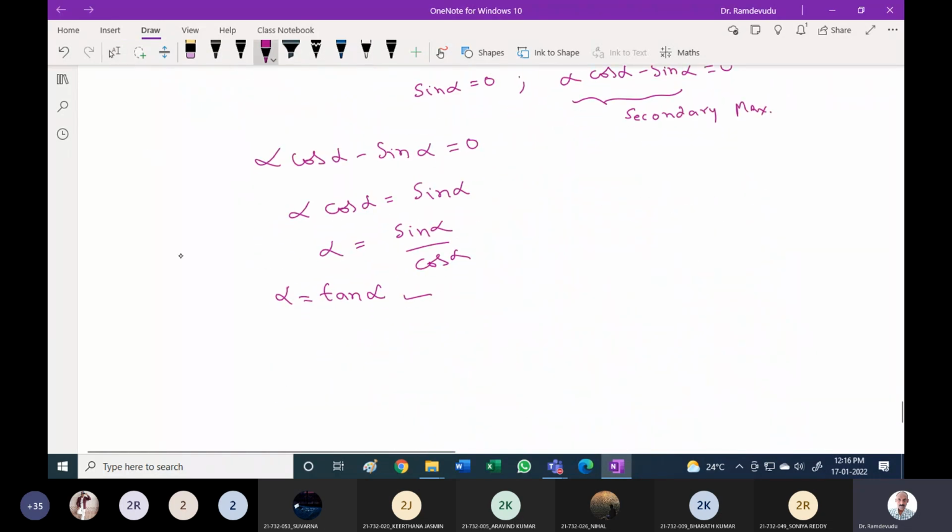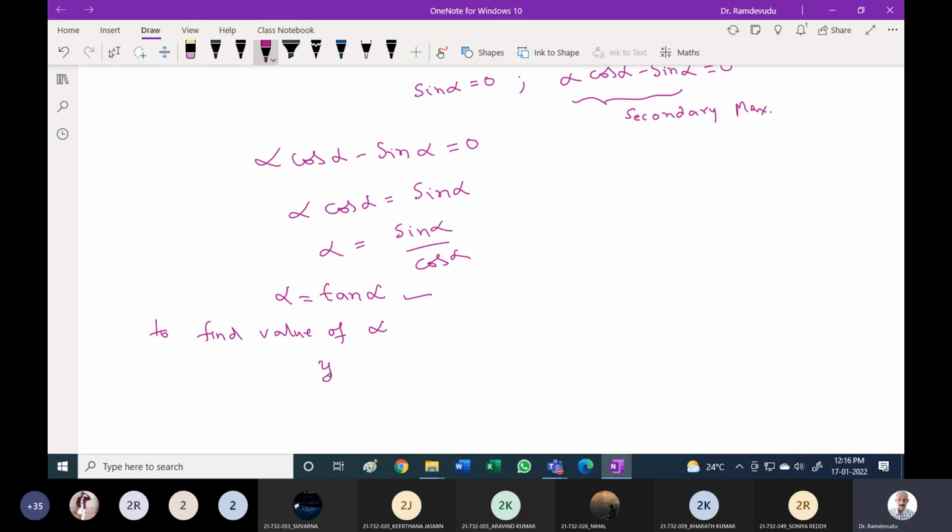Instead of solving this mathematically, I solve this equation graphically. We have to find the value of alpha that satisfies the secondary maxima.